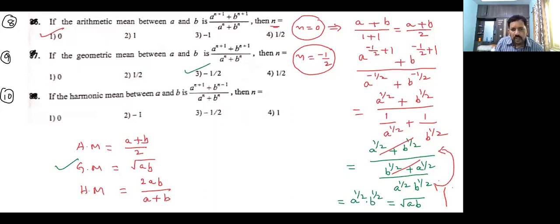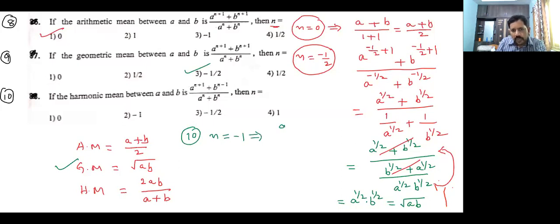Same like that, go to the 10th problem. In place of n, what we want to take? Don't take 0 and minus 1 by 2. Already we know that if 0 is taken we will get arithmetic mean. Minus 1 by 2 taken means we will get geometric mean. So now I am going to take that n is equal to minus 1.